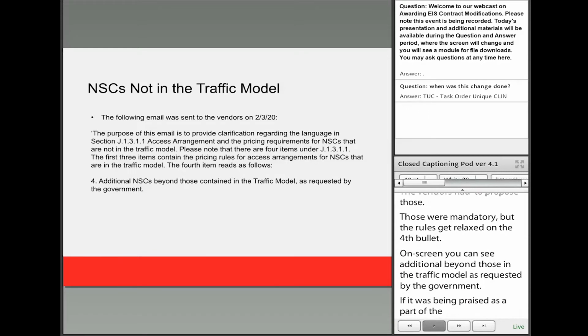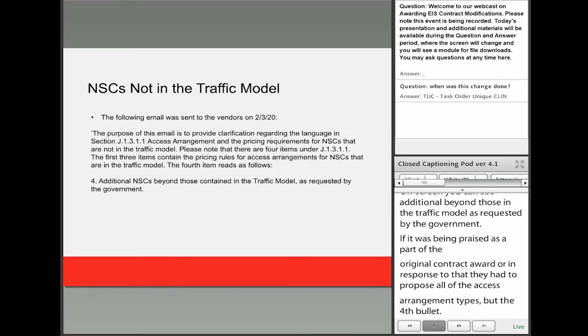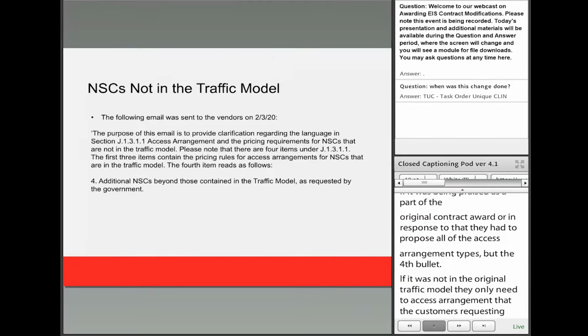But the 4th bullet, if it wasn't in the original traffic model, then they only need to propose the access arrangement that the customer is requesting for that particular location, the NSC, that's not in the traffic model. And once again, happy to answer questions about that as well.